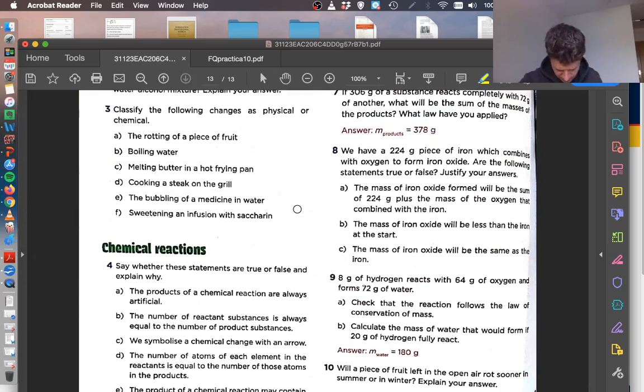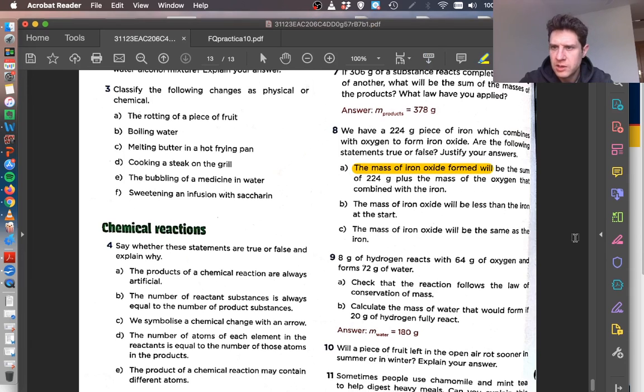Okay, the exercises we need to solve to finish this topic are on page 100, exercises 8 and 9. So we have the mass of iron oxide formed. Come on, we're finishing.